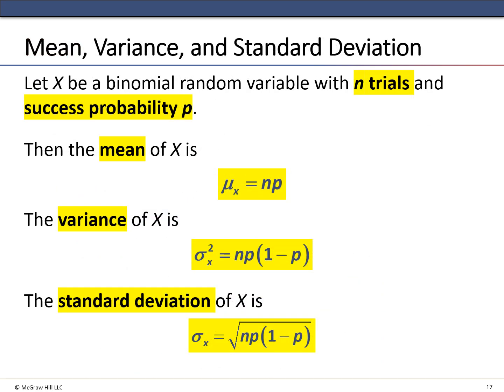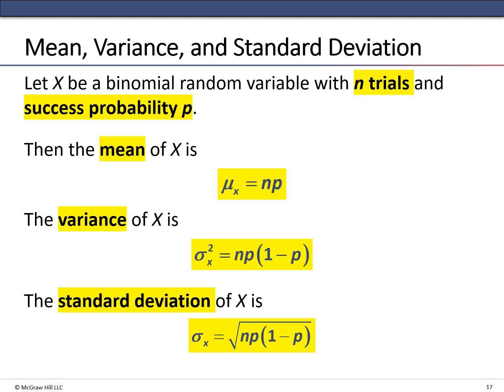So let's look at some other things that we can calculate based upon the binomial distribution or a binomial random variable. If we have a binomial random variable with n trials and success probability p, then our mean of x, our mean average value of x, is n times p, the probability of success.